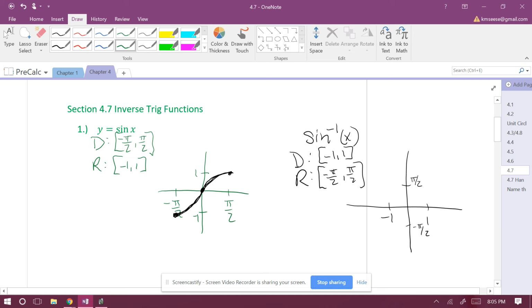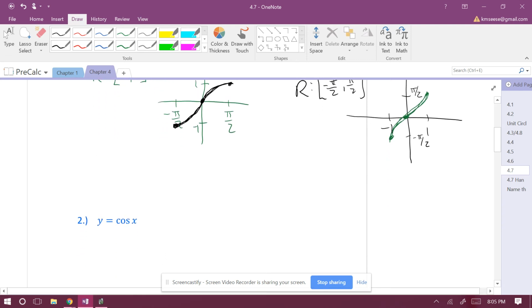Switching your x and y, that's -1, negative pi halves. 0, 0 still remains 0, 0. And pi halves, 1 becomes 1, pi halves. That would look something like this. They are still reflections of each other over the line y equals x, and they still have those domains and ranges switched.